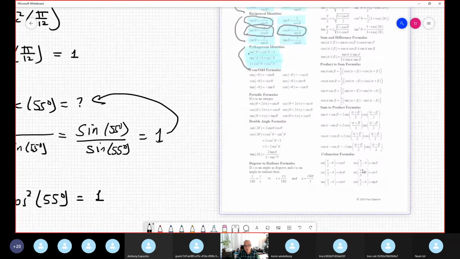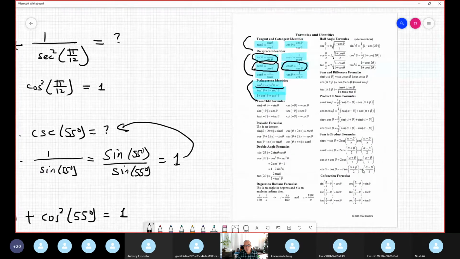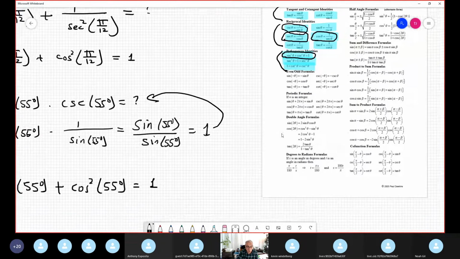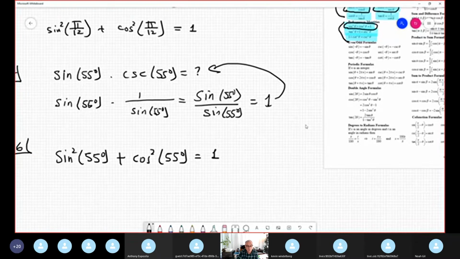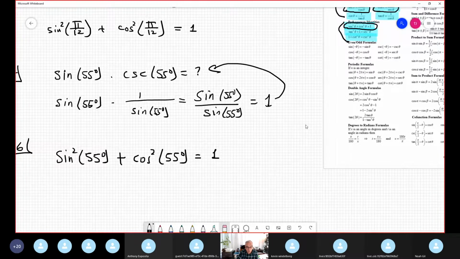Sine squared plus cosine squared is equal to 1, when it's the same angle. If it's a different angle, no. But it's the same: 55, 55 is 1. Okay? So this is the question. Using the Pythagorean identity, sine squared plus cosine squared is equal to 1. Super easy, eh?